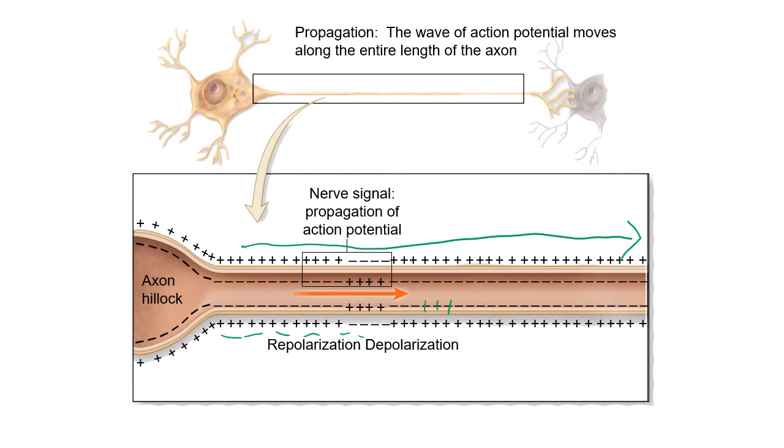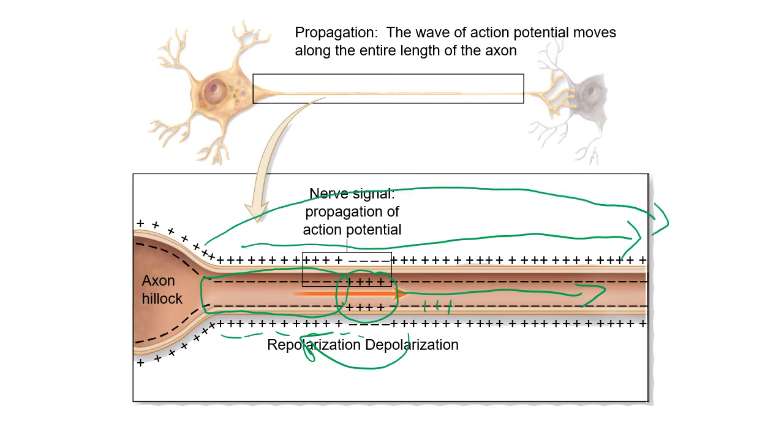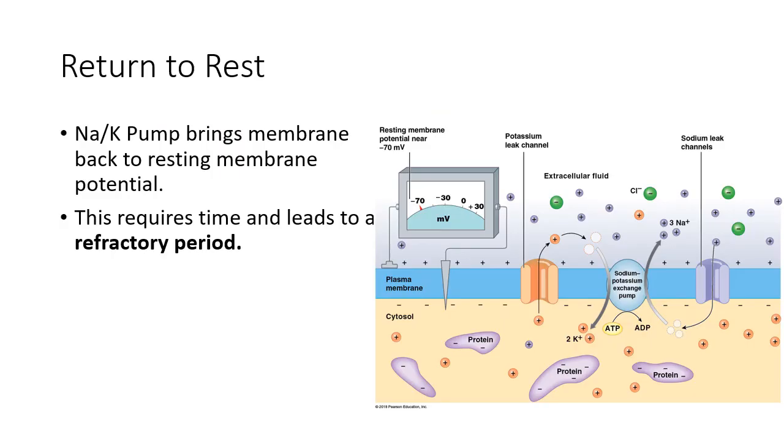And so we bring it right back into repolarization, and the inside of the cell is repolarized. This is where we're actually doing the depolarization, and it's heading on its way down. It can't go back on the axon. It can only go in a single direction, from that axon hillock towards the axon terminals. And that's going to ensure that one-way direction of our signal, sending it all the way down towards the end there.